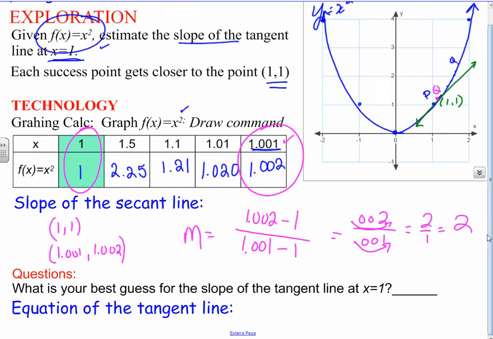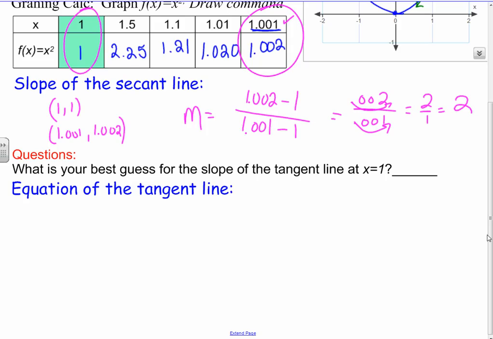So I now just discovered that I think the approximate slope of my tangent line is 2. I can write the equation. My best guess for the equation would be, well, I wanted to be centered at that point P, which was 1, 1. I just analyzed the slope and said it's approximately 2. Go into point slope form of the equation.